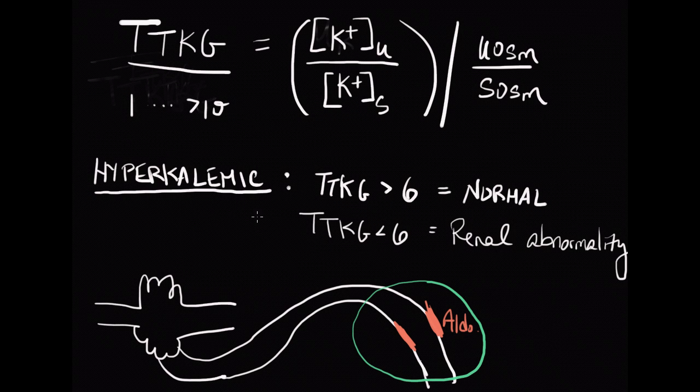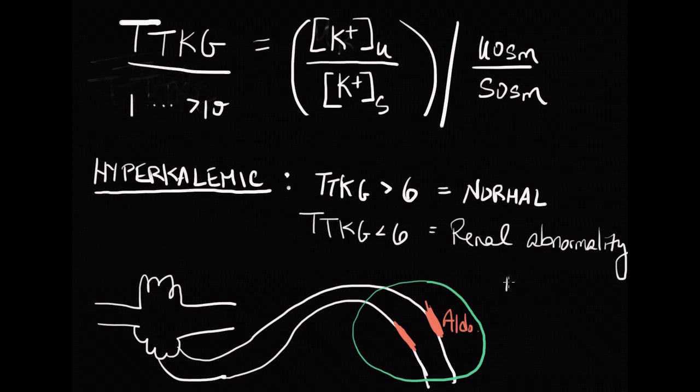So when you've got a TTKG that's less than 6 in a hyperkalemic patient, you know that not a lot of potassium is being secreted in this section of the nephron, and one of the main reasons could be that you have a deficiency in aldosterone. Now, the way to prove that is twofold.